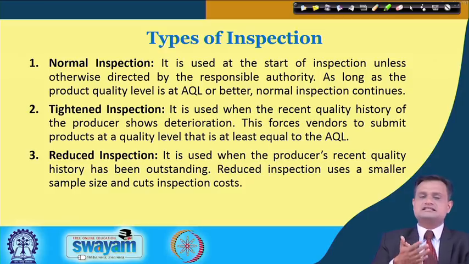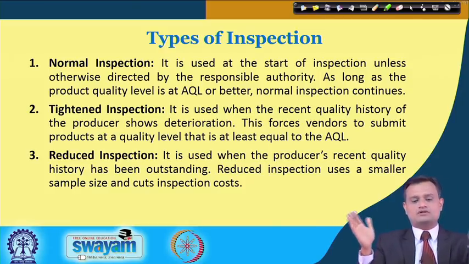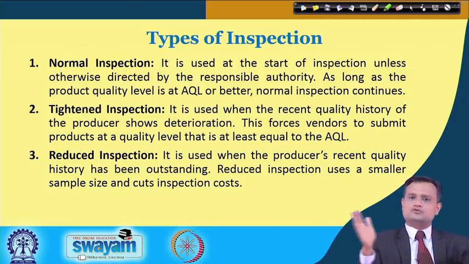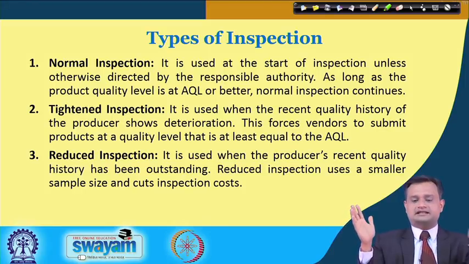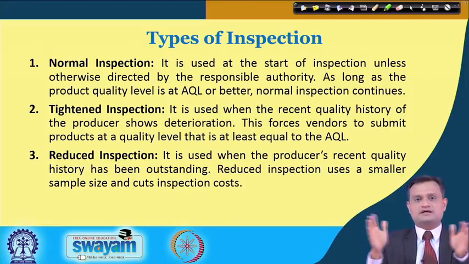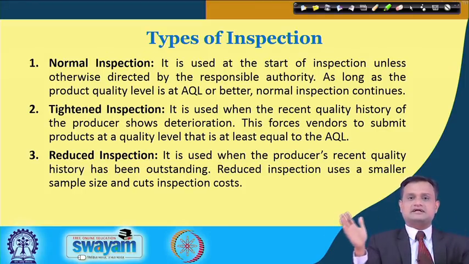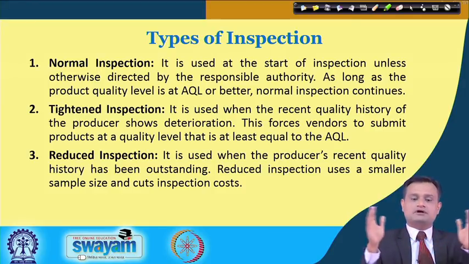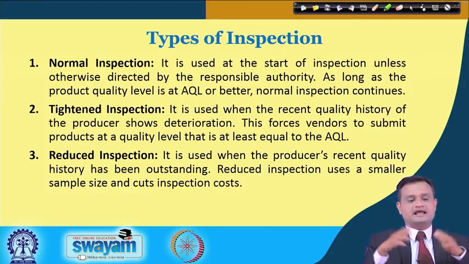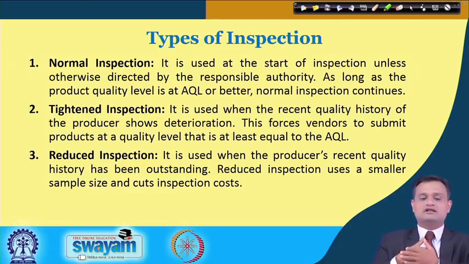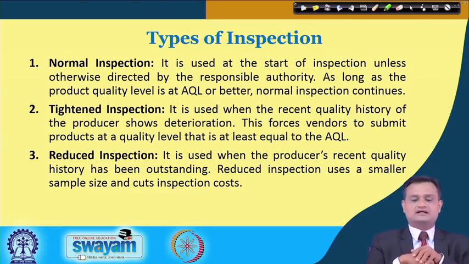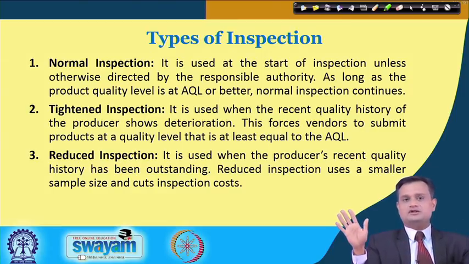So, if we look at the type of inspection, then you have normal inspection, and usually it is used at the start of inspection unless otherwise directed by the accountable and responsible authority, and as long as the product quality level is at AQL or better, you are comfortable with the normal.